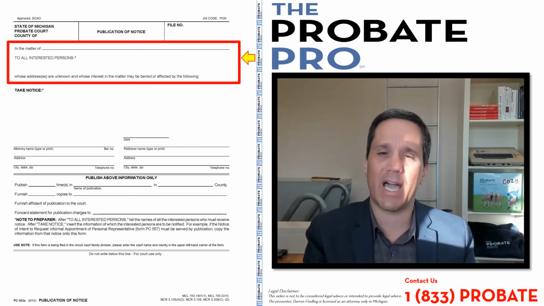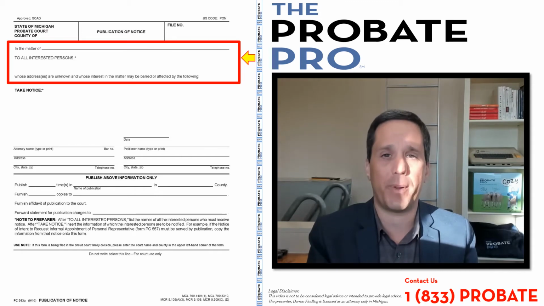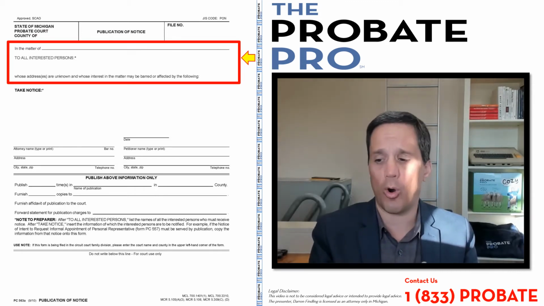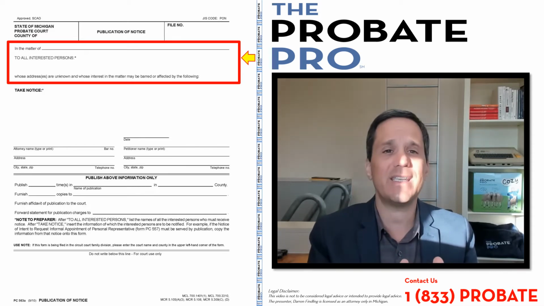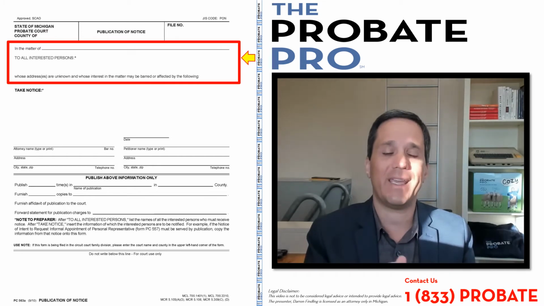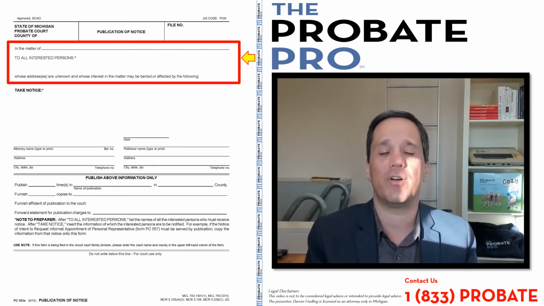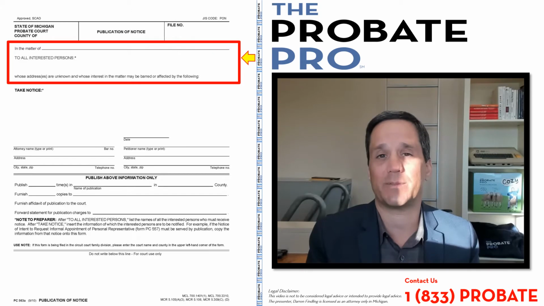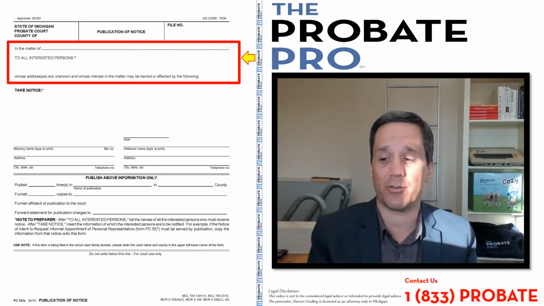Towards the bottom of the document, you'll see this note to preparer. It provides that after the notice to all the interested persons, list the names of those who are required to receive notice, but can't because first-class mail or personal service can't be handled or can't be addressed.